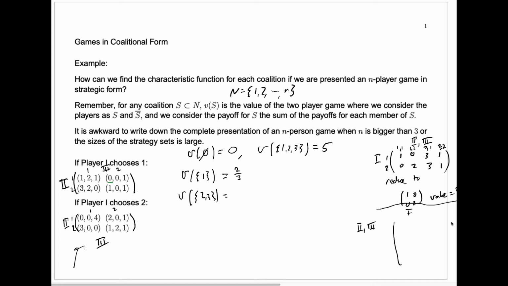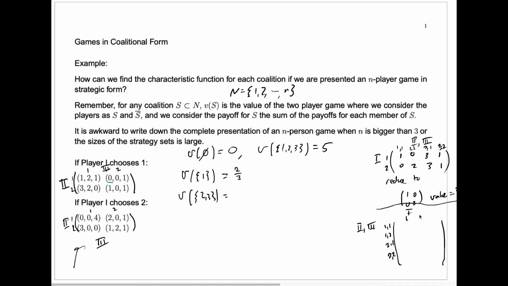But now when we make the matrix, we want to ask, what is the total return for the coalition of players 2 and 3, given the different possible choices. Remember, 2 and 3 can play choices 1, 1, that means they both play choice 1, 1, 2, 2, 1, and 2, 2.